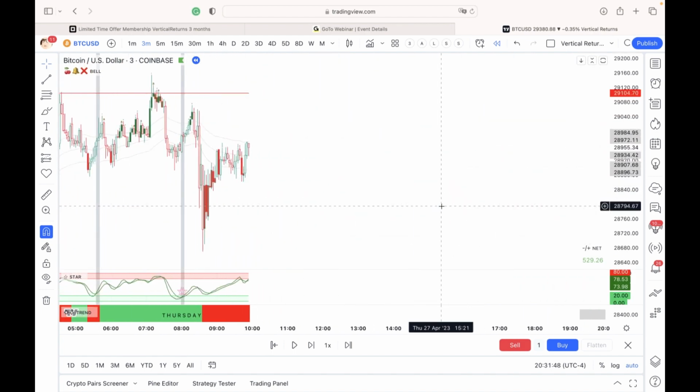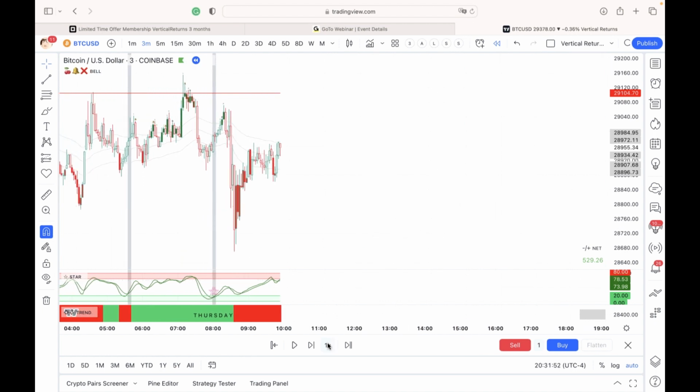Then scroll your screen over to the left. Right here, it'll tell you the speed, so I'm going to go 1x.